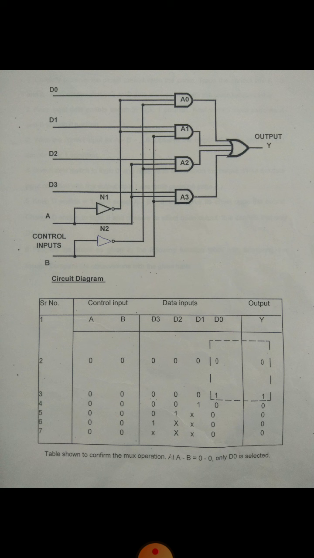You can check here, data inputs D0, D1, D2, D3 are there, and your control inputs A, B are applied directly or in inverted form by using N1 and N2 NOT gates.